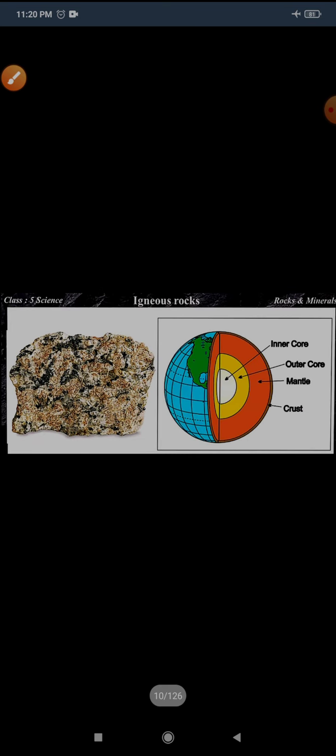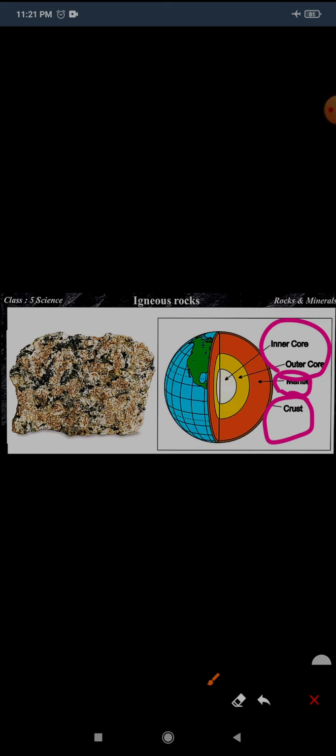First, igneous rock. Here you can see igneous rocks. The earth can be divided into three layers. The first one is crust, the second one is mantle, and the third one is core. The core is subdivided into outer and inner core, but mainly there are three layers of the earth.